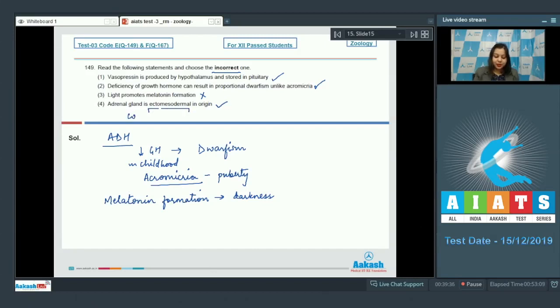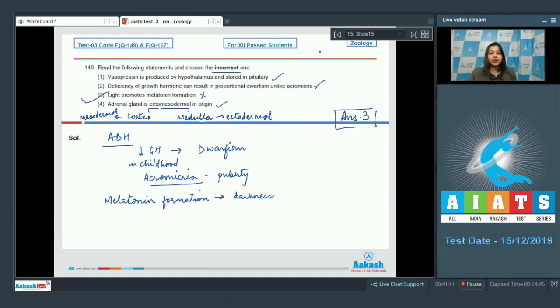The adrenal gland contains two parts, the cortex and the medulla. The cortex is mesodermal in origin, whereas the medulla is ectodermal in origin. So the incorrect option is light promotes melatonin formation as light inhibits the melatonin formation. So the correct answer becomes option number 3.